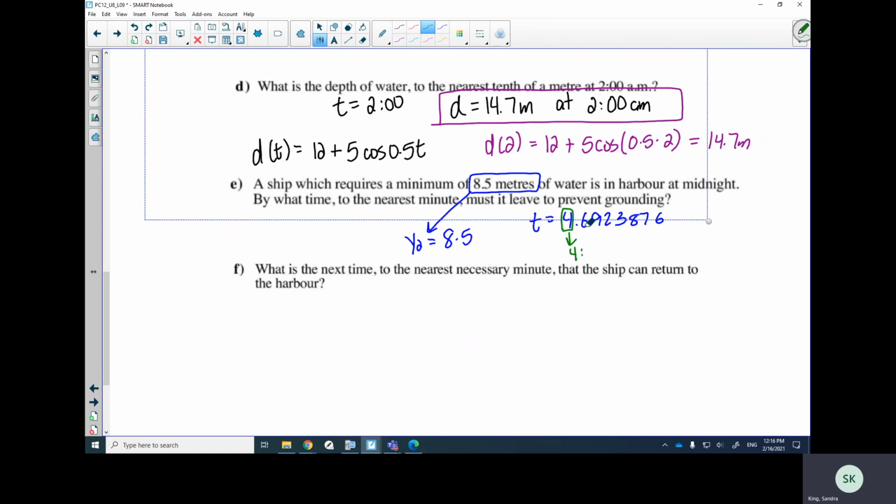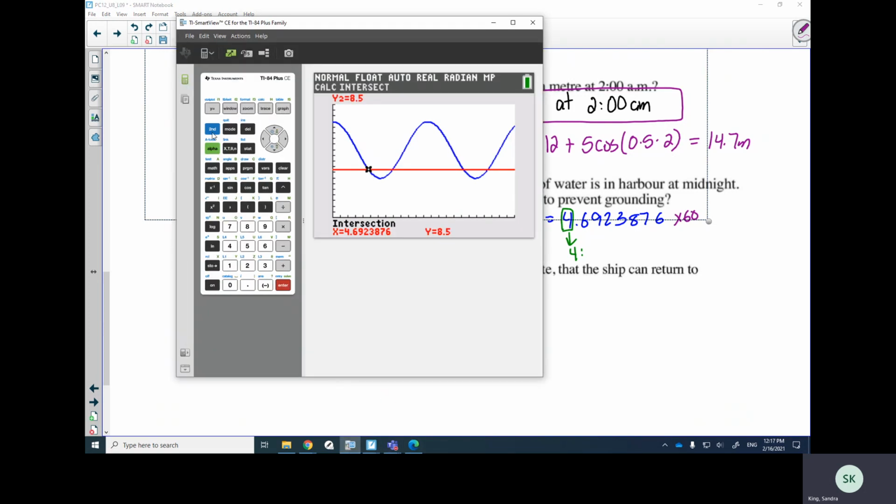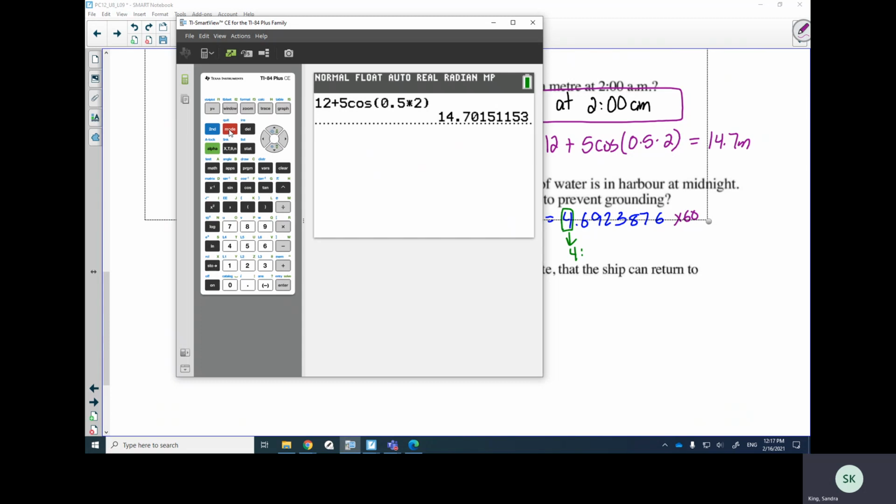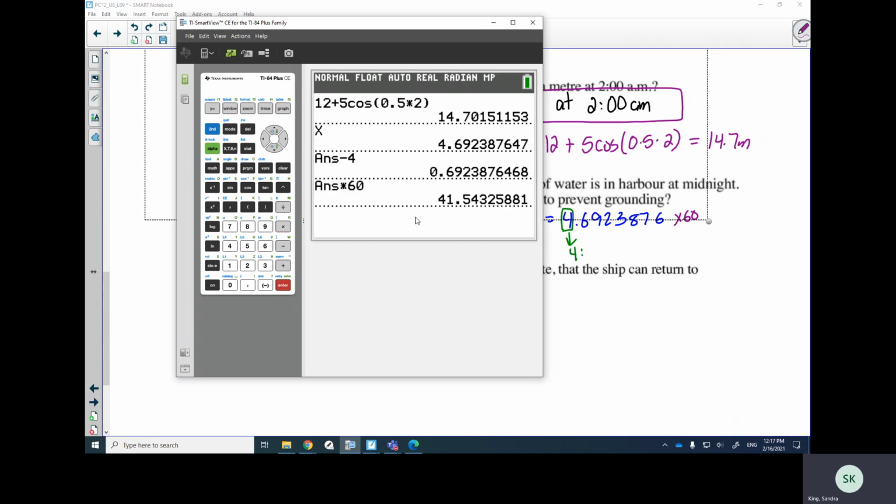To figure out what this is in minutes, you're going to take that decimal and you're going to times it by 60. So how I'm going to do that on my calculator is I'm going to leave this screen. I want to get that X value, right? So let's type in X next to your alpha button, hit enter. That was the X value. So I know that's 4 hours after midnight, so I'm going to delete that 4. There's the decimal. How many minutes this is, you times it by 60 to get the number of minutes.